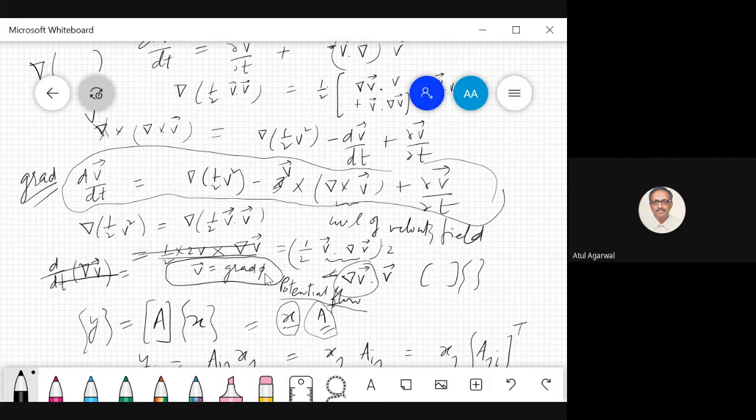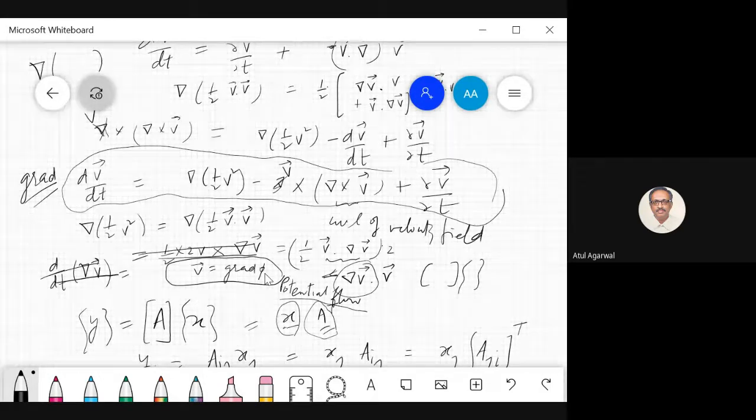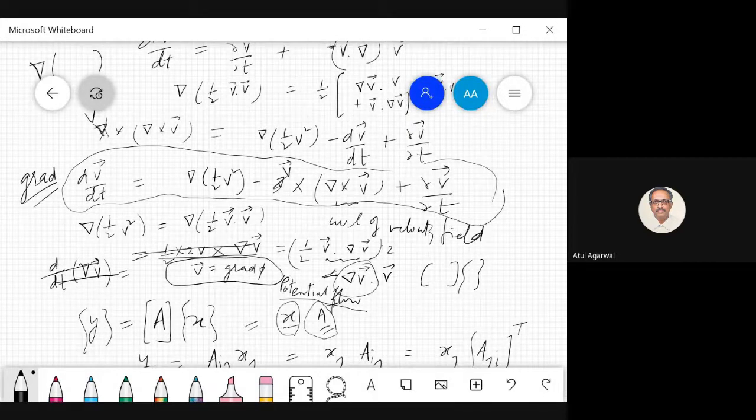If any field variable you can describe as gradient of something, it is called a potential function. Have you seen it before, potential function? In gravitational field, you have seen it. You say gravitational field is gradient of a potential. How to define gravitational force?